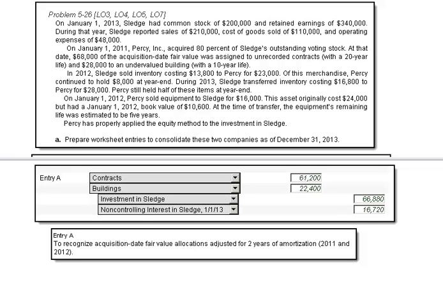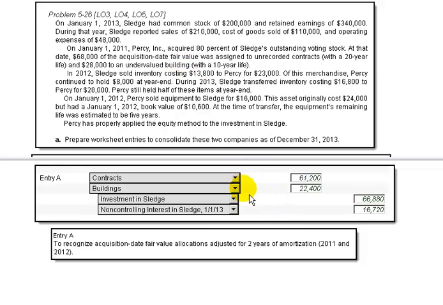Okay, now remember, we're making this entry because we start off with the books of both companies as separate entities, and now we're in the second year where we've got to mark up the contracts and buildings of Sledge's outstanding values that we said apply to unrecorded contracts and undervalued buildings. So we need to mark it up less the appropriate amount of amortization, right?